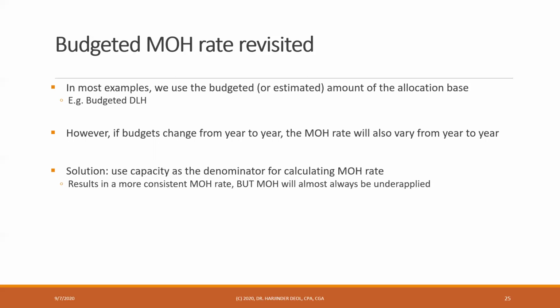Now, this results in providing us with a more consistent manufacturing overhead rate. But because companies do not always operate at full capacity, the outcome will be that manufacturing overhead will almost always be underapplied.